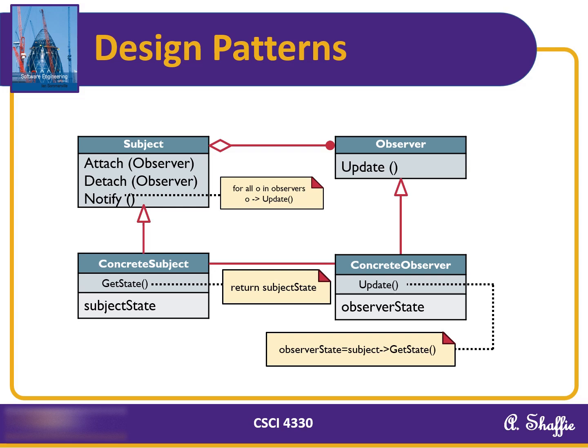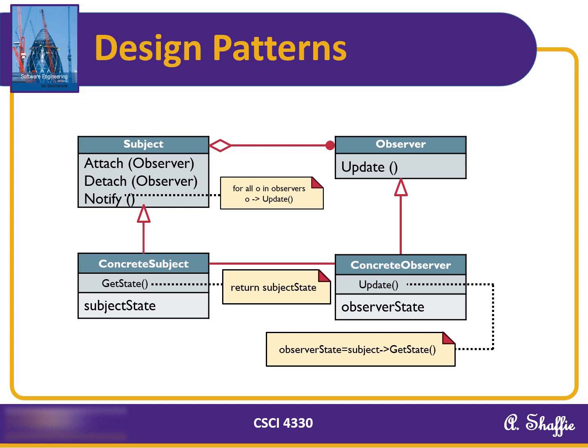This defines a single method, which is update, which observers implement to react to state changes in the subject. Below that, we have the concrete observer, which is a specific implementation of an observer. It maintains its own observer state and updates this state using the update method whenever it is notified by the subject.